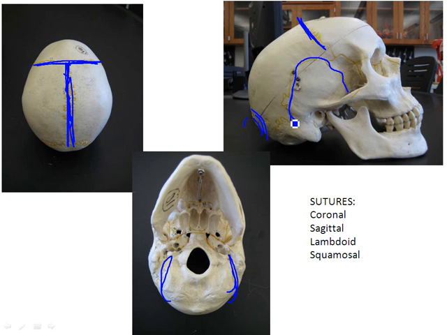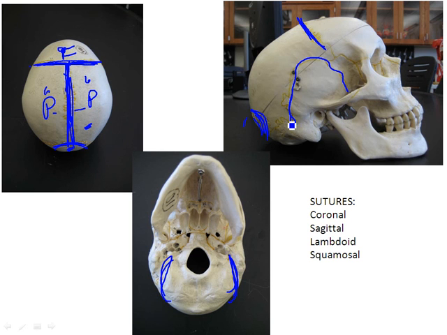Now what you want to pay attention to is which bones these sutures are holding together. So for example, your coronal suture is connecting your frontal bone to your parietal bone. Here's your frontal bone, and you have 2 parietal bones. So this suture connects your frontal and parietal bones together. Your sagittal suture connects your 2 parietal bones together. Your lambdoid suture, which is right here, and right here, connects your occipital bone to your parietal bone.